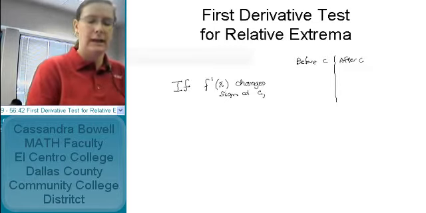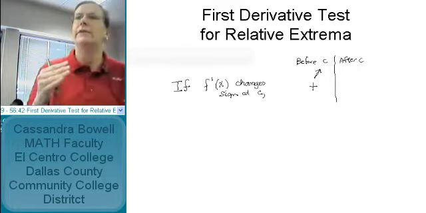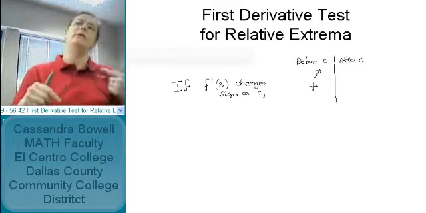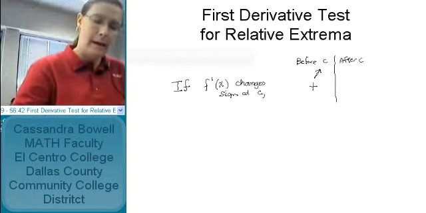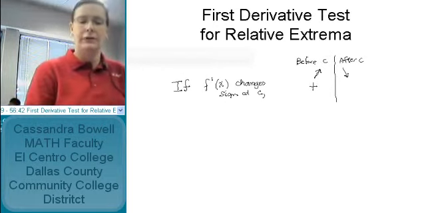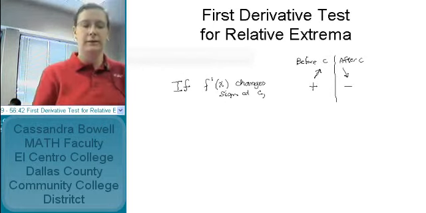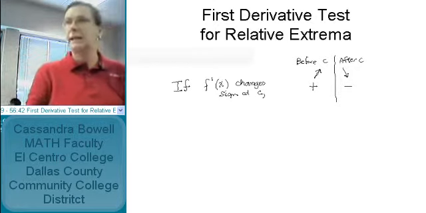If before c it's positive, that means it's increasing. If the first derivative is positive, it's increasing right before c, right? And if it's decreasing right after c, that means the first derivative is negative. So it's changing sign at c.